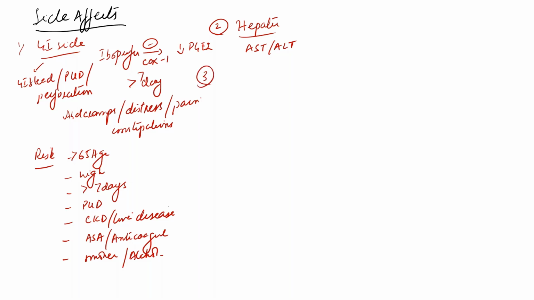The next side effect is it can affect the kidney. It can cause AKI, secondary to acute interstitial nephritis. It can lead to papillary necrosis. What is the mechanism?